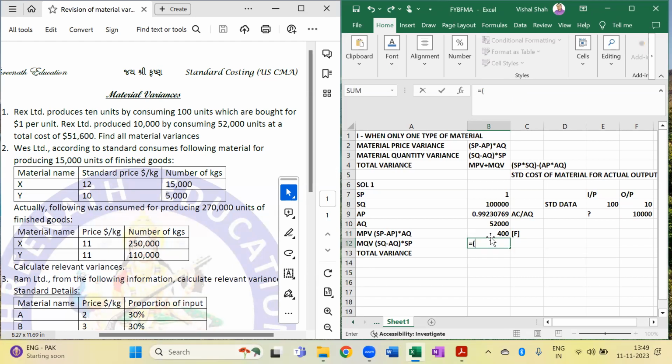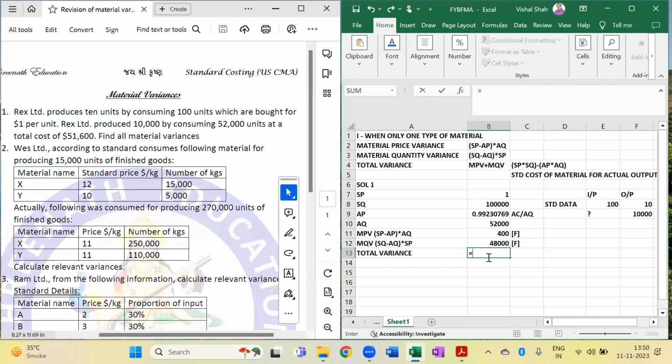Sir, this is not a problem. Generally, every student gets it right. SQ minus AQ into SP. So 48,000. 48,000 favorable, correct? So total will be 48,400 because 48,000 favorable and 400 favorable.